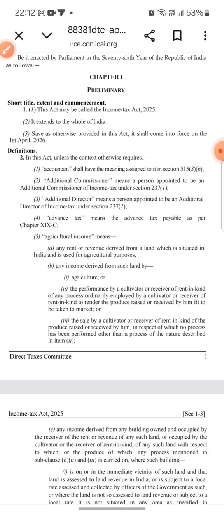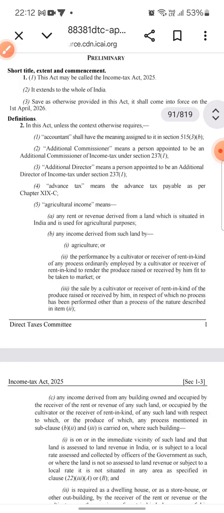It means a person appointed to be an additional commissioner of income tax under section 237 subsection 1, and includes an additional director, director of income tax under section 237 subsection 1. Advance tax means the advance tax payable as per chapter 19C.